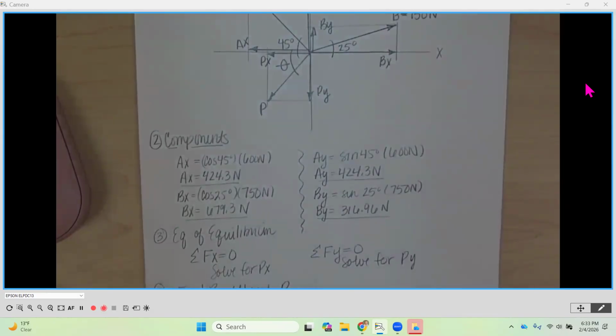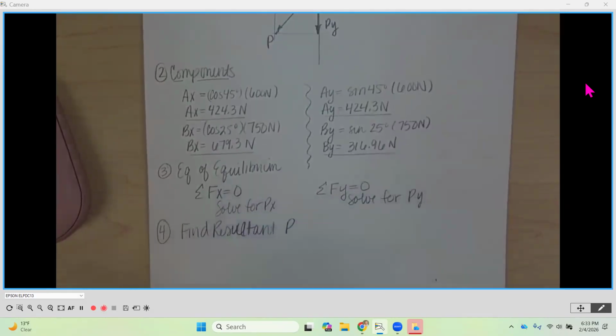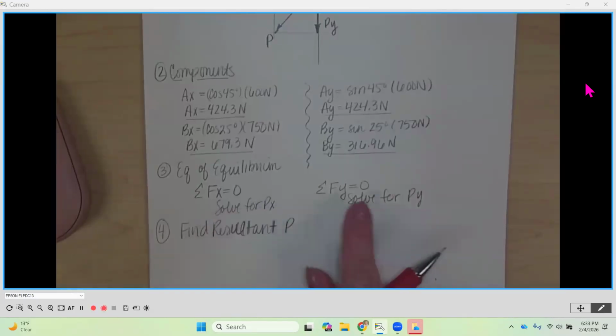That's it. So those are the steps to finish. Oopsie, I'm sorry for those who are virtual. Find the resultant of P. You know how to do that. That's a module 2 thing. You have the two components, and you're going to find the resultant. That would be finishing up the last problem in the application problems.